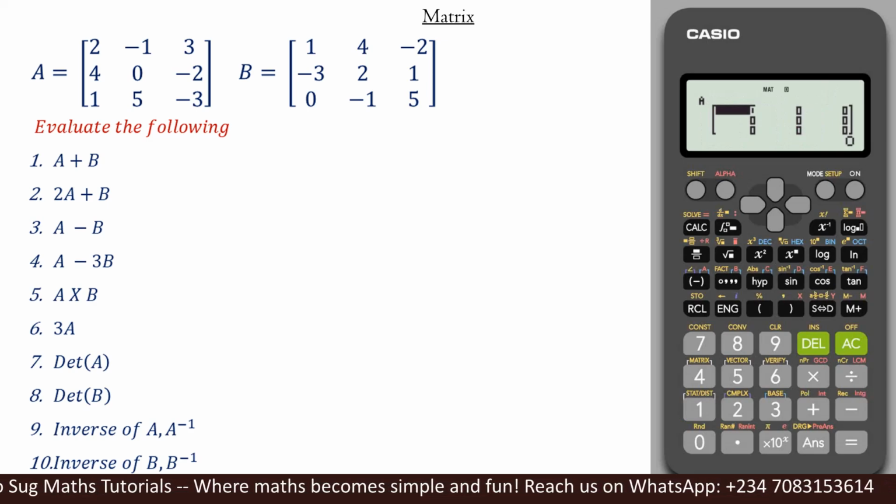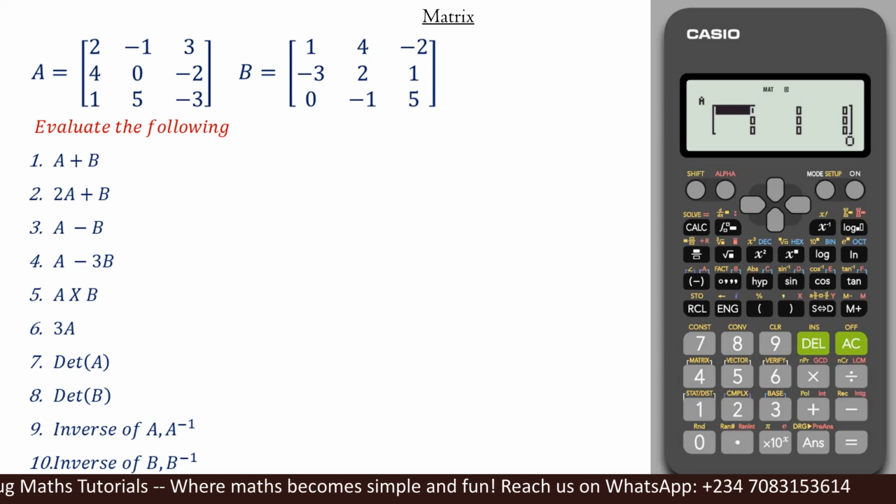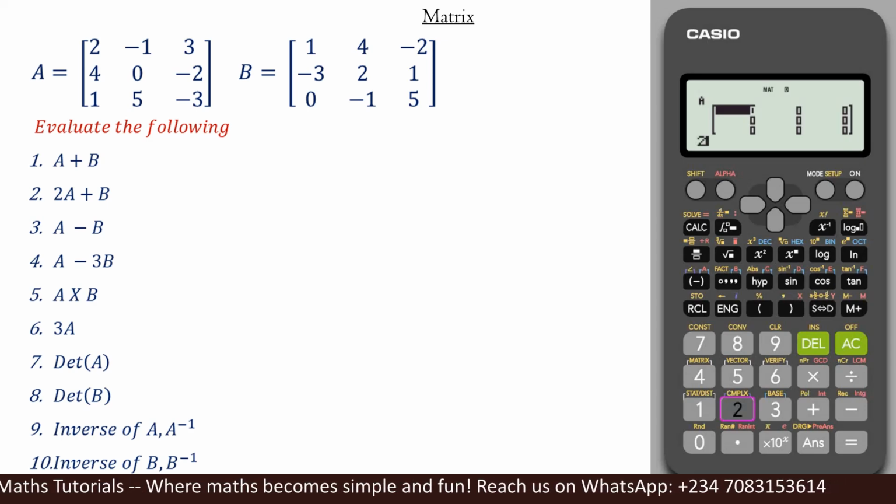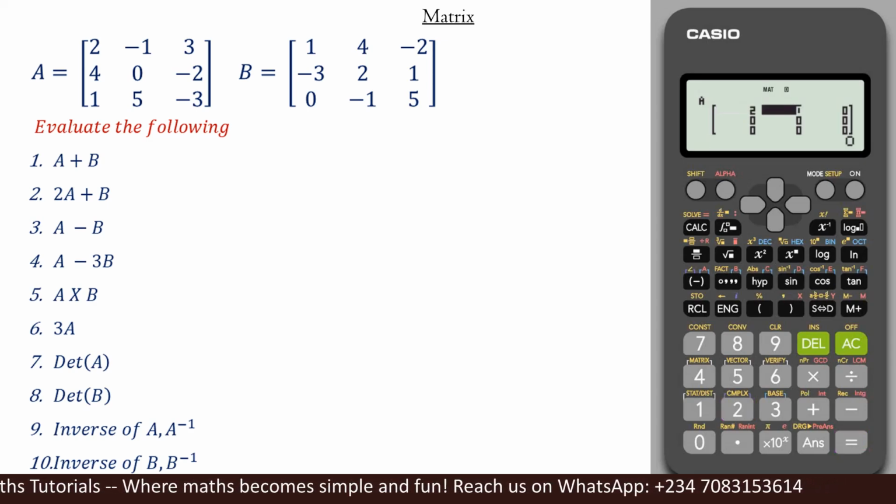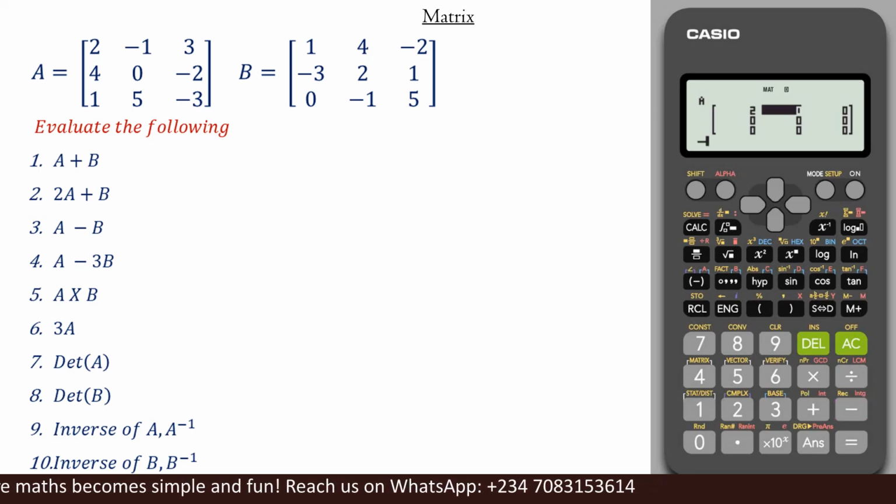All right, and our matrix A here, the first element is 2. So we are going to enter 2, then we say equal to. We are entering the data for our matrix. The first element we have is 2, then the next one we have -1. We are entering the data, right? Good. And then the next one, we're entering the elements for this matrix.